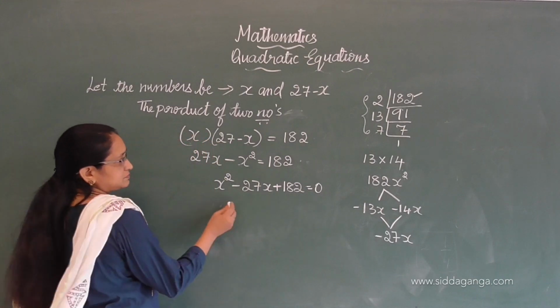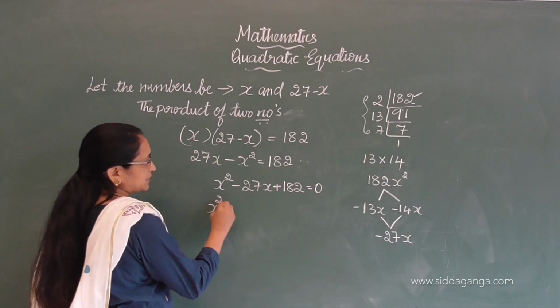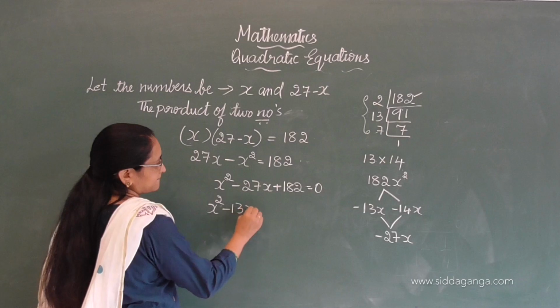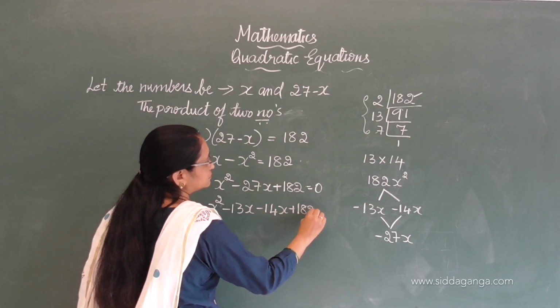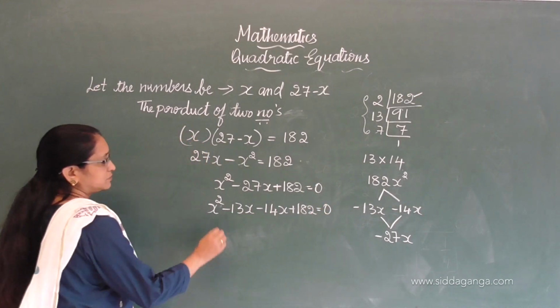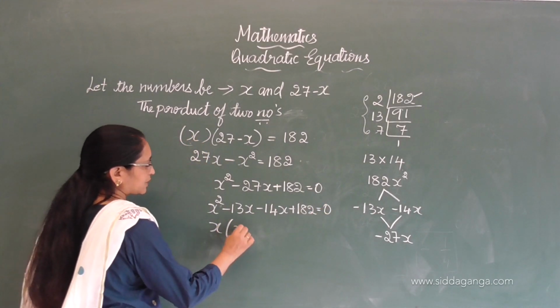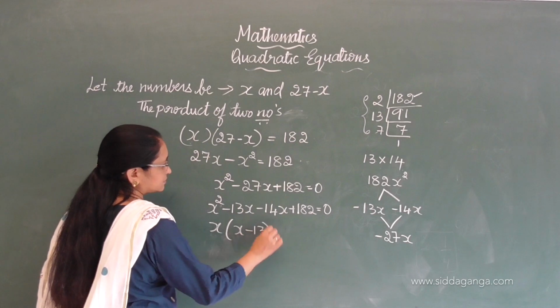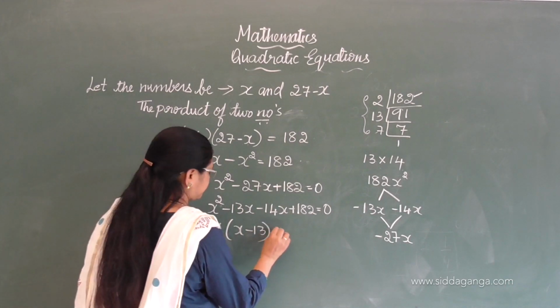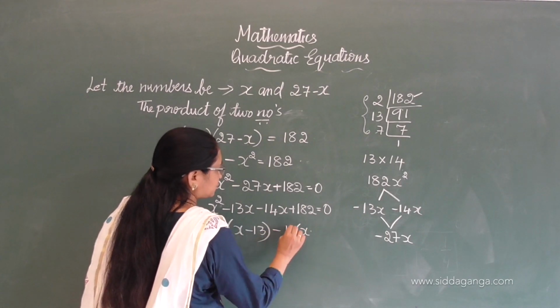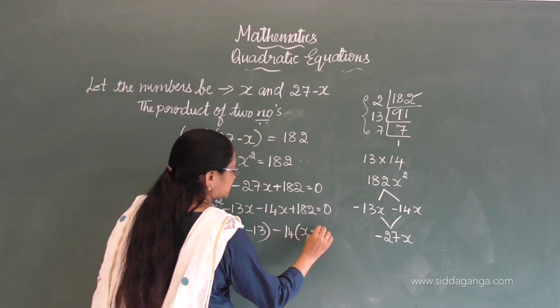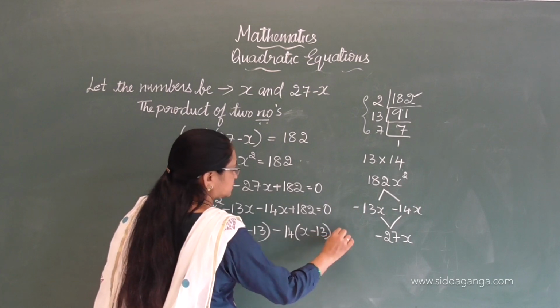Okay. Now how to split this? Easy. Now x is common, x minus 13, then here again x minus 14 is common, x minus 13 is equal to 0.